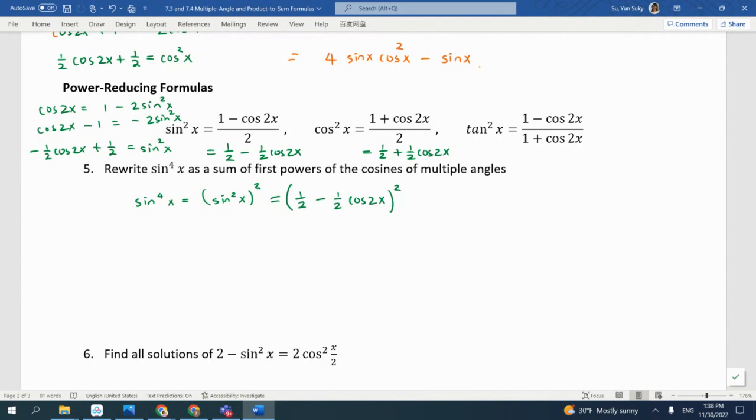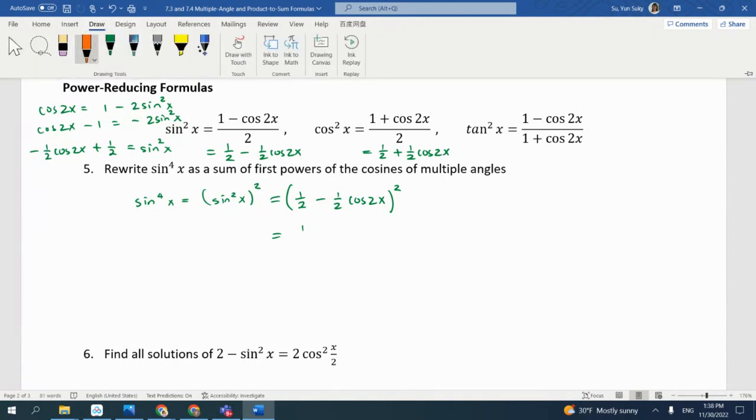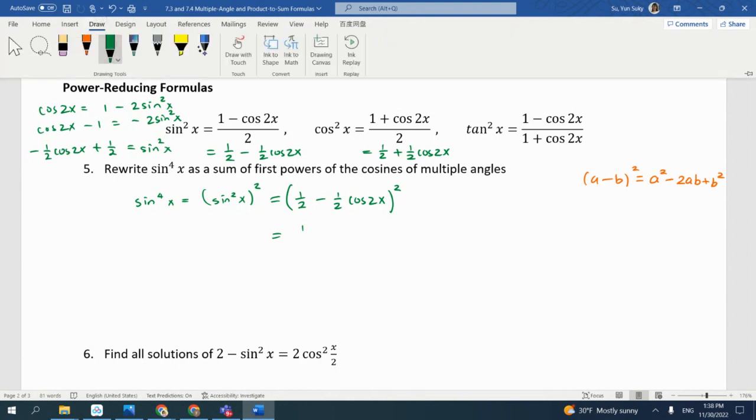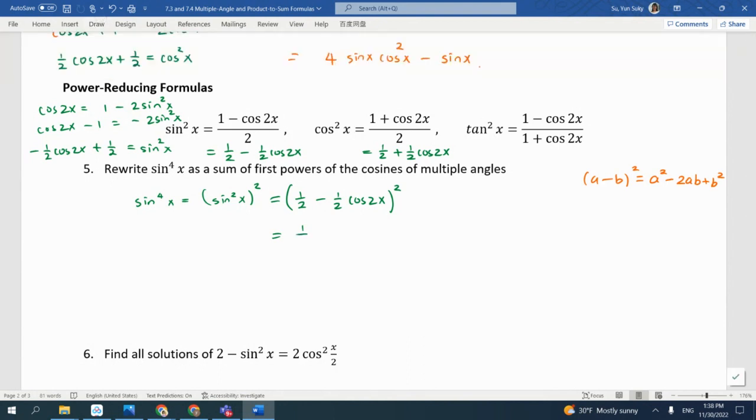All right. Now, let's see what happened. So, what is the complete square formula? a squared minus 2ab plus b squared. Right, everybody? Therefore, what's 1/2 squared? 1/4.